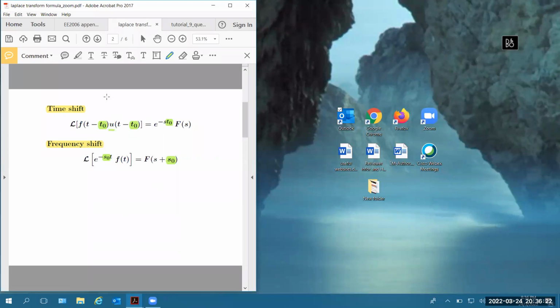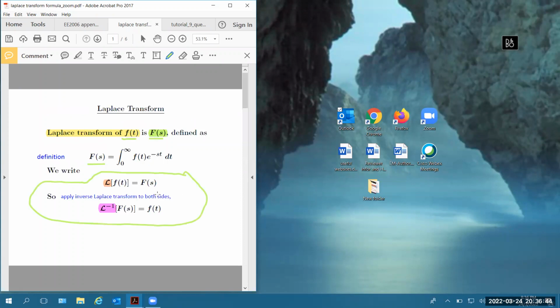So if you Laplace transform this thing, this is the outcome. Here there's a t naught, obviously the same constant t naught, and then capital F(s). Here is a small f and here is a big F. How are they related? Well, related by this.